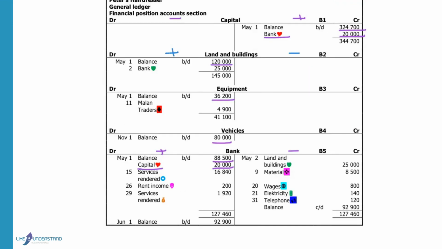Assets increase on the debit side, decrease on the credit side. So the land will increase on the debit side with 25,000 to indicate that the value of land after the extensions is now 145,000. And we will show that this double entry was completed in the bank account. We've taken money out of the bank, so the asset decreases on the credit side.